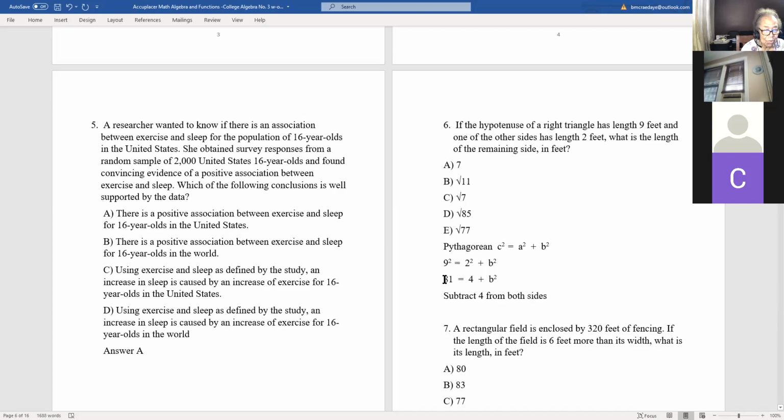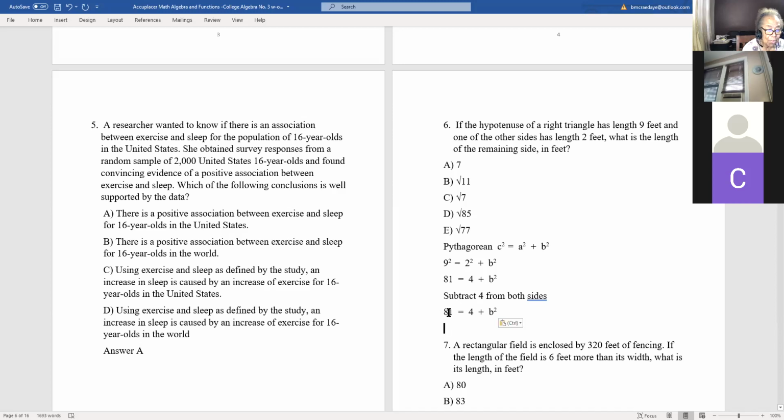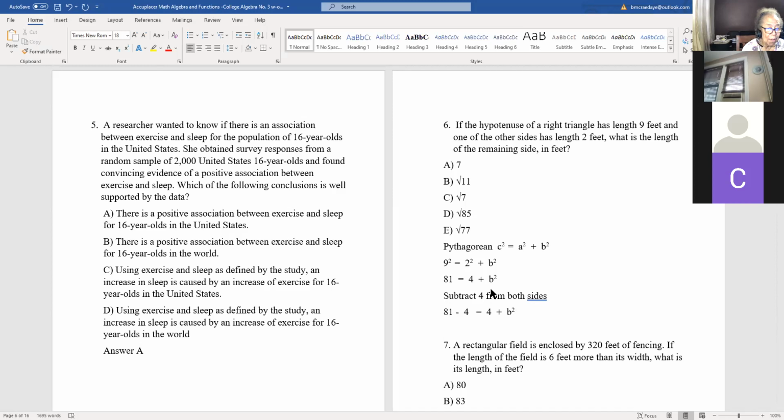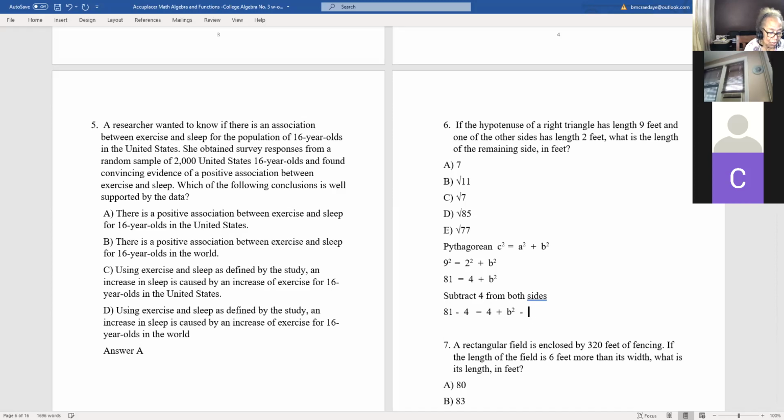So let's just take this and put a 4 there. So this would be minus 4. And on the right side, minus 4, right? So what do I have left on the left side?